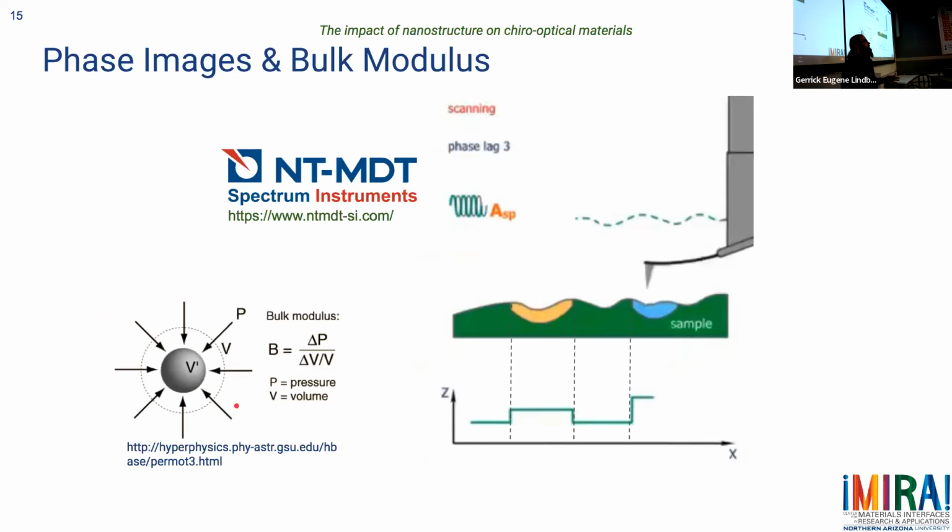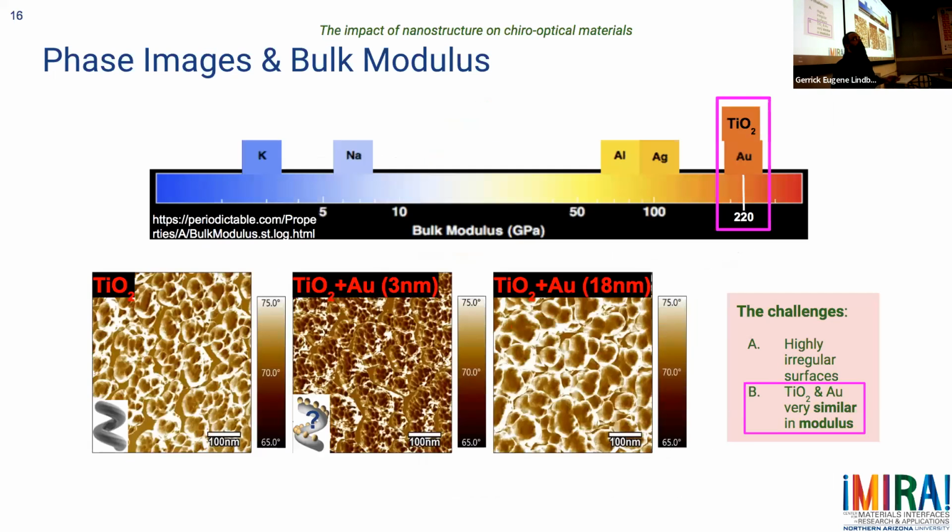The main takeaway here is that the variation of bulk moduli of these materials will cause measurable variations in the phase offset. One of the challenges I mentioned earlier was that the gold and the titanium dioxide were very similar in bulk modulus. As a result, when you examine the phase image on the left that has no gold and the phase image on the right, which has the 18 nanometer deposition, they look essentially the same.